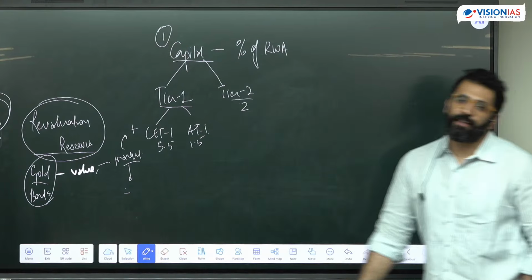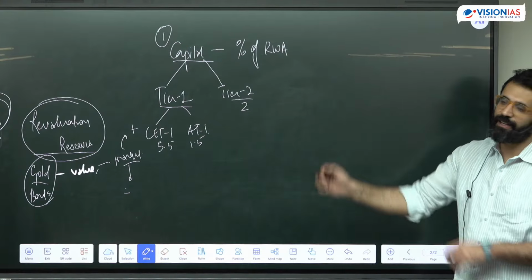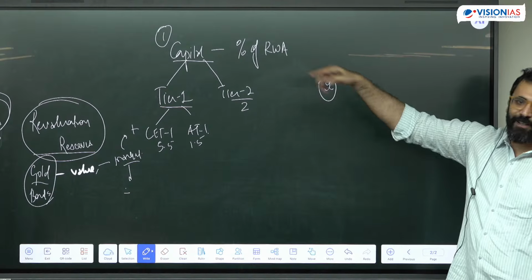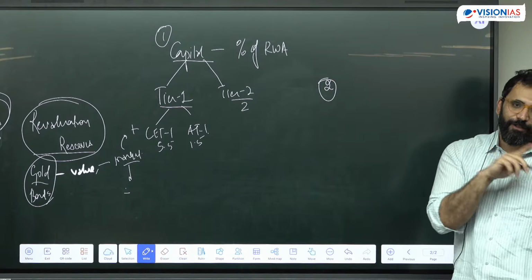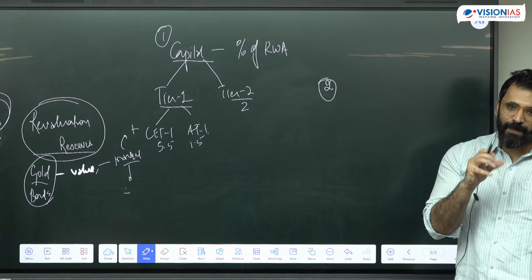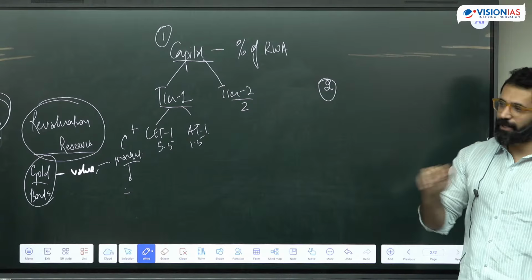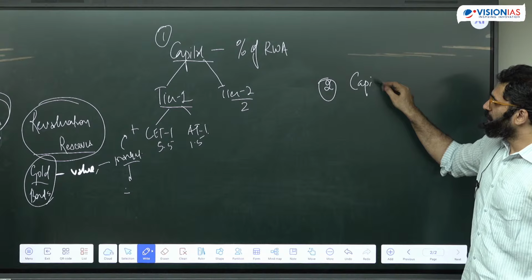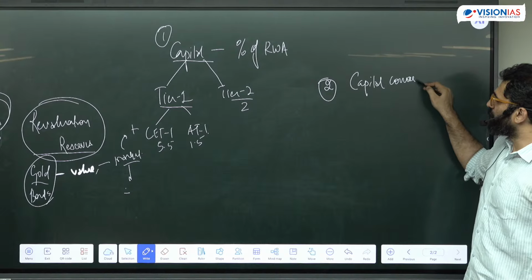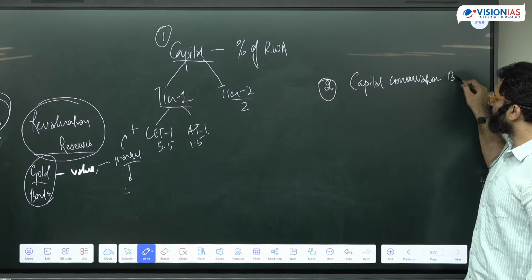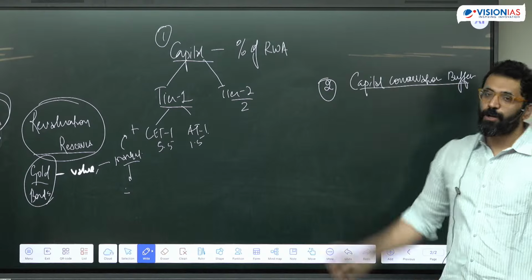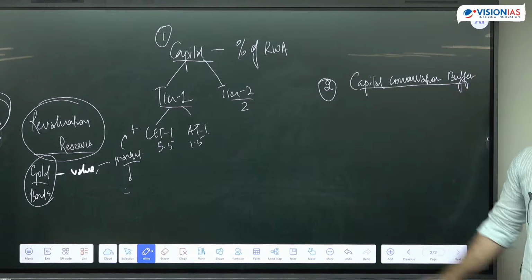The second is, Basel 3 added this. Basel 3 said, this capital alone was not enough to save the bank from the 2008 financial crisis. That means bank needs more capital. How will that come? They said create a capital conservation buffer. What is this capital conservation buffer?